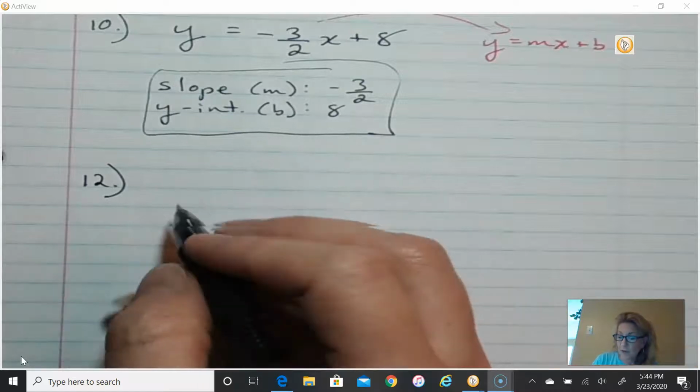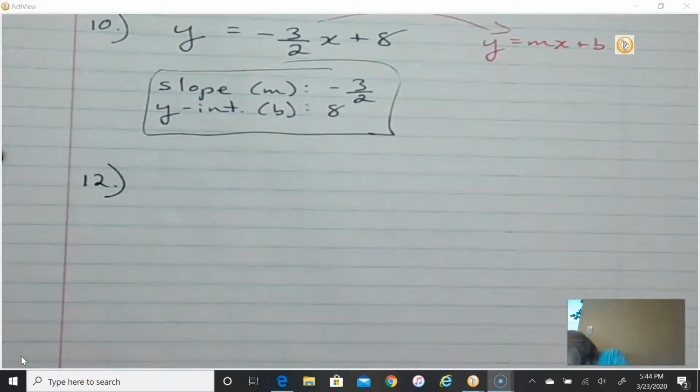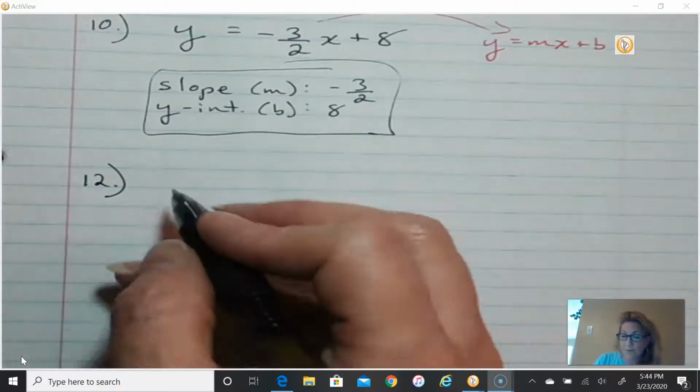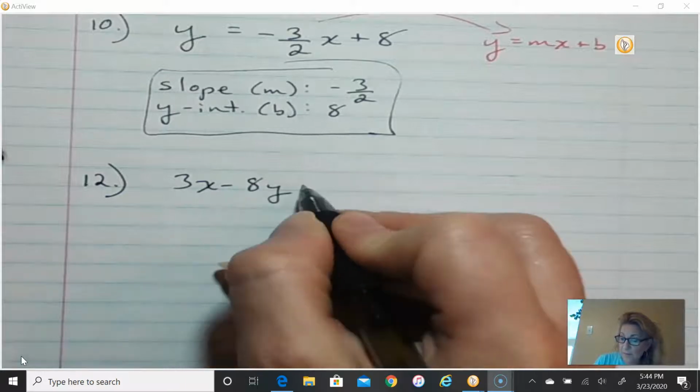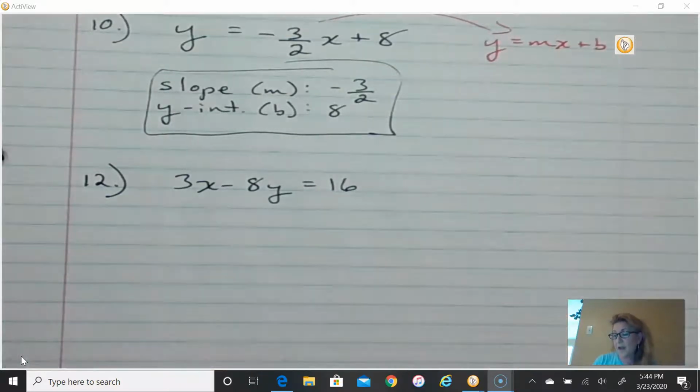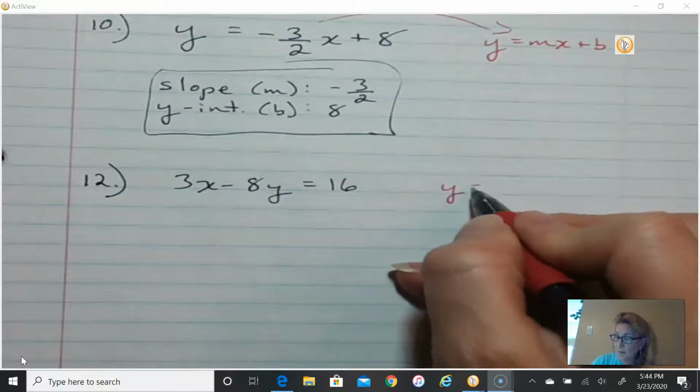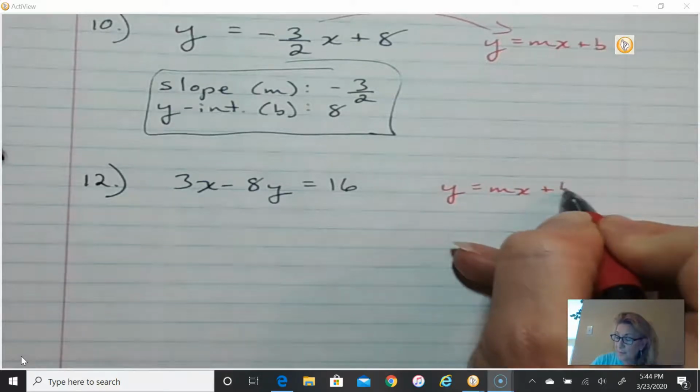All right, so 12. It says change the following equations to slope-intercept form and graph. So it's 3x minus 8y equals 16. Notice that y equals mx plus b.